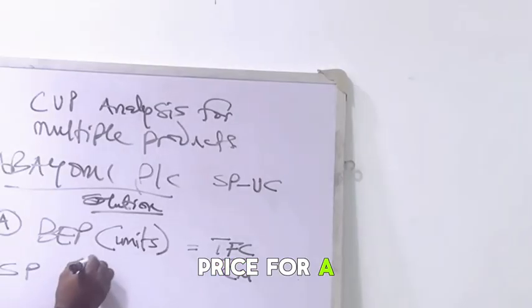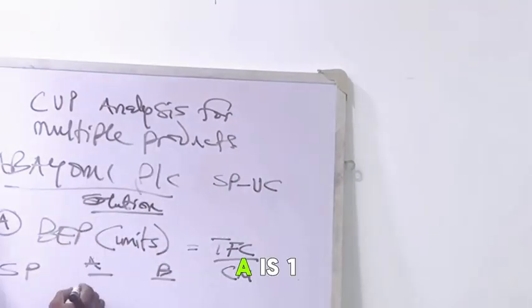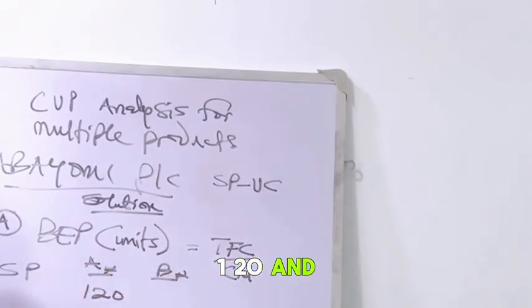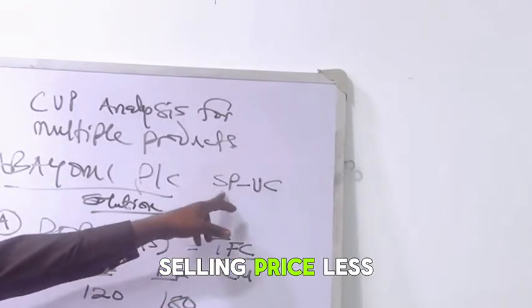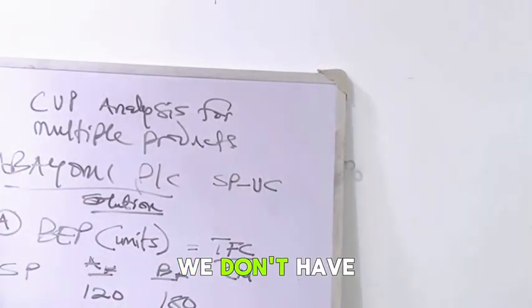Selling price for A and B. We are told that A is 120 and B is 180. Now, the selling price less variable costs. Do we have the variable costs per unit? We don't have them.